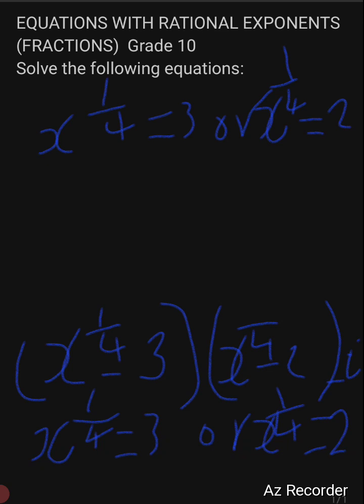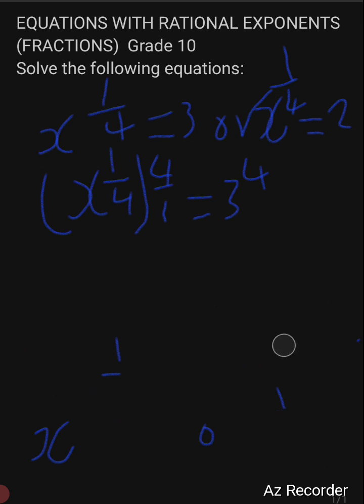The reciprocal of 1 over 4 will be 4 all over 1. So we're going to have x to the power of 1 over 4, raised to 4 all over 1, and we do the same on the other side, which will be 3 to the power of 4. Let me erase so that we have enough space.